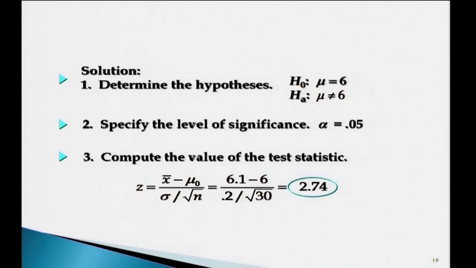So, here we would like to determine whether mu is equal to 6 or mu is not equal to 6. Level of significance is 5%. These are the steps that we are following one by one. First step was defining the hypothesis, then defining the level of significance. If level of significance is given like it is given over here, you take that as it is. If it is not given, then you assume this to be 5%. Compute the Z statistic, x bar minus mu 0 divided by sigma by root n.